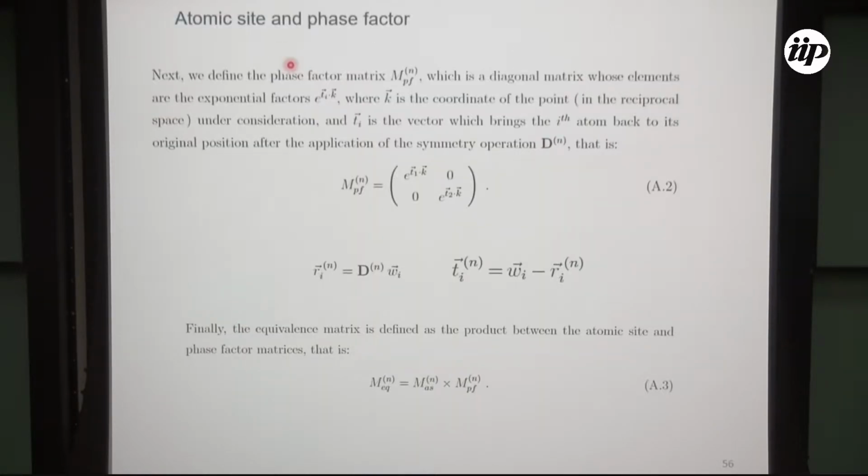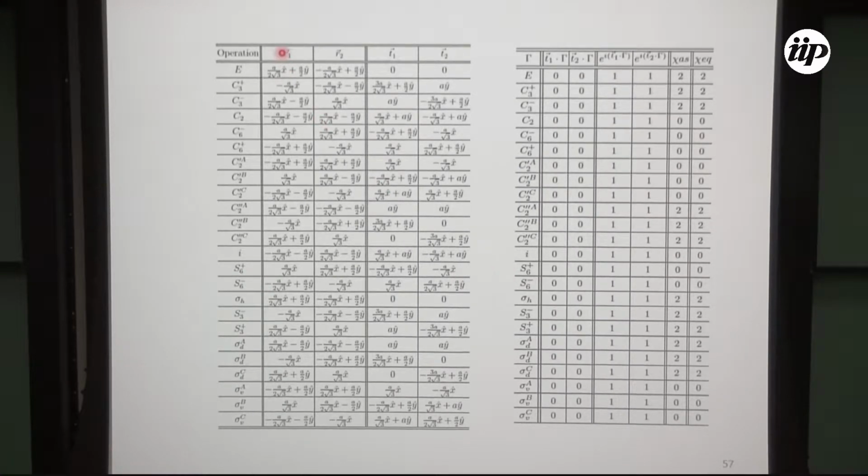We have the Wyckoff positions here, which are the original positions, and then you calculate what the position is after I apply the symmetry operation. Then you build all these vectors here, and then you calculate which vector would bring that atom back. Of course, for the gamma point, everything is 0, so all the exponentials will be 1.